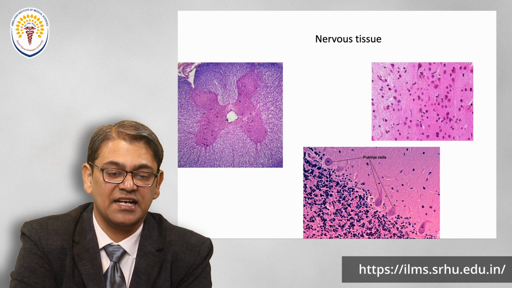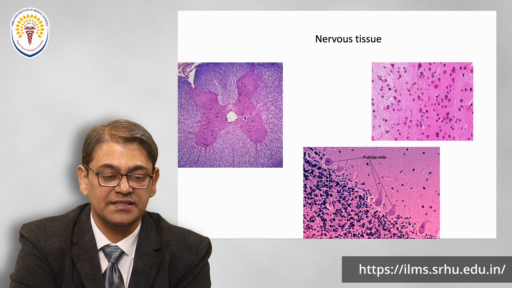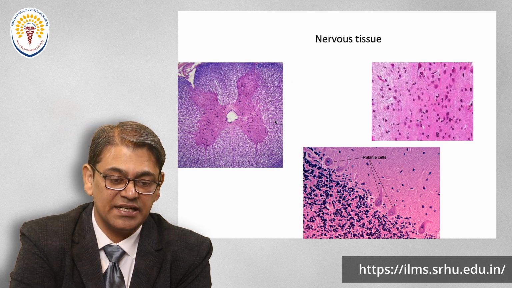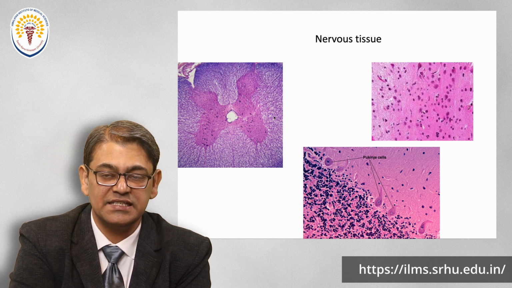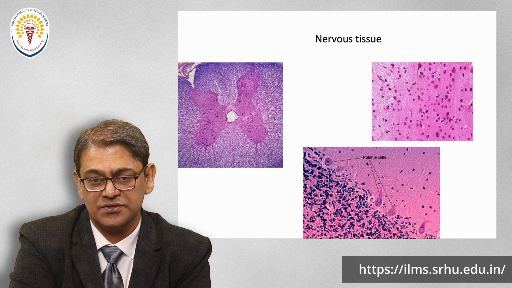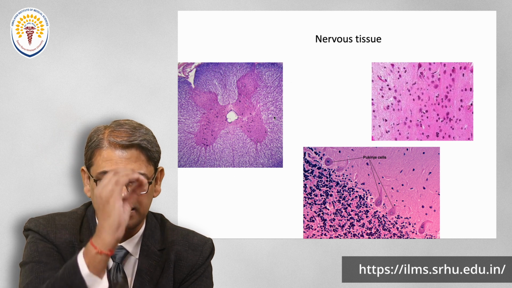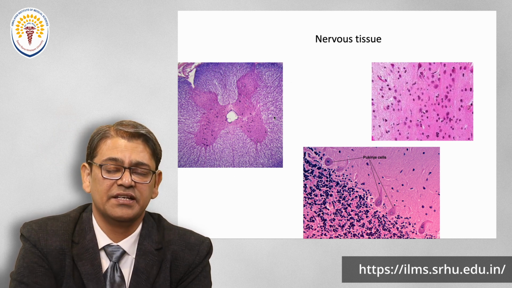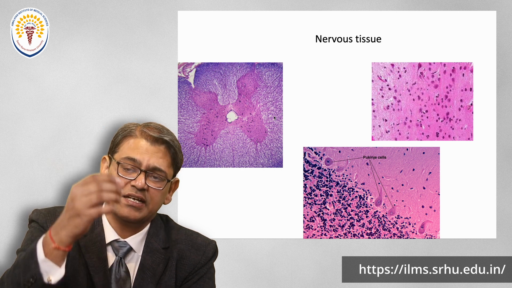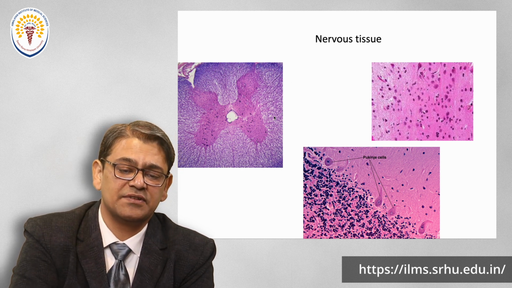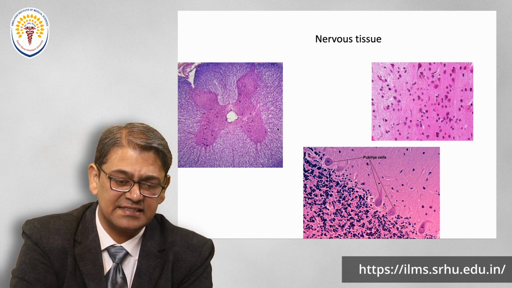This is the central canal where the CSF is present, and outside we see various groups of neurons. This is the axonal part of the neurons, which is basically vertical here. These vertically coming groups of axons are present here, which is why we see a scanty structure.